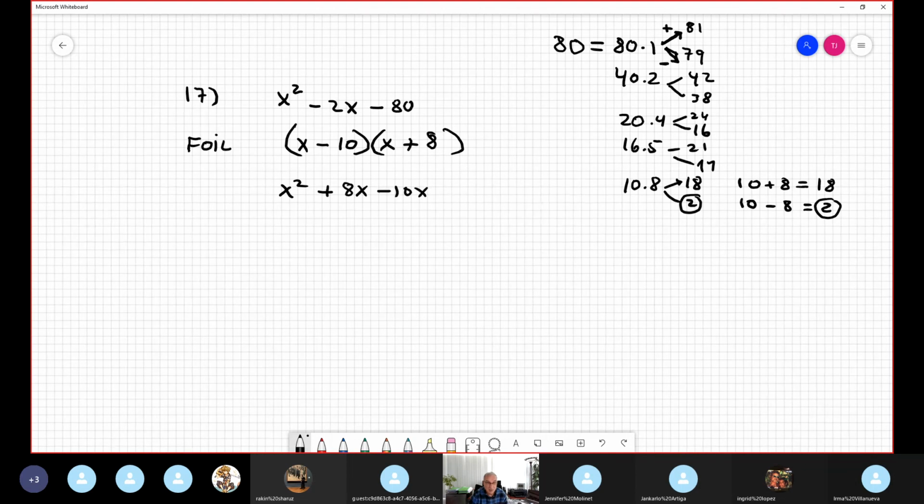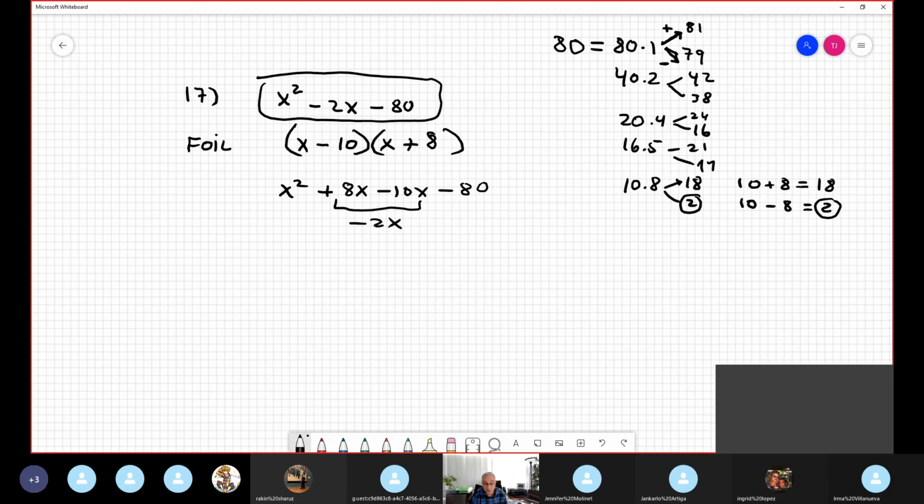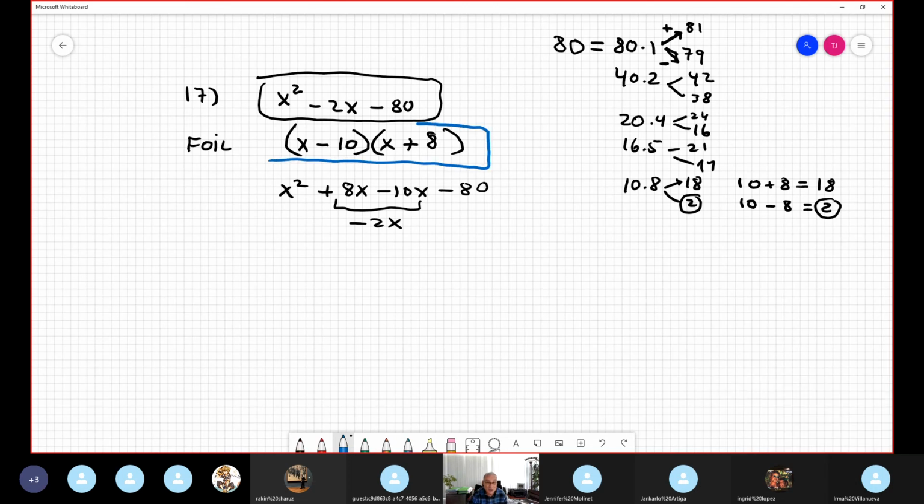You multiply minus 10 times plus 8, which is minus 80. When you combine like terms, it's minus 2x. Exactly like the original. And so our answer, perfect. The answer that we are looking for is the factorization. So we are doing the process in the factorization direction, not in the multiplication direction.